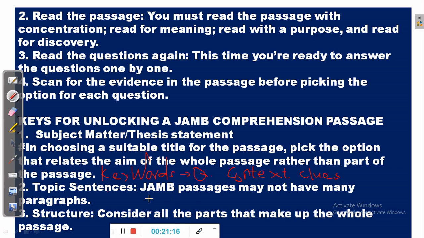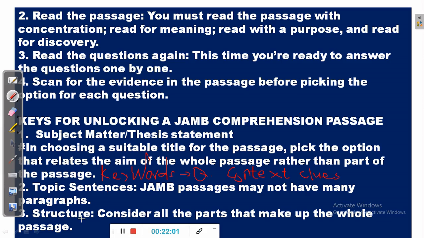When you are reading the passage, you know what the question is looking for, and you use the keywords in the comprehension question as key words or context clues when you are reading the passage, and that will help you not to waste time in reading, because the context clues will show you exactly which part of the passage contains the facts relating to the question you are going to answer, and that will help you to read just that portion and then figure out the answer, and you go back and give the answer.